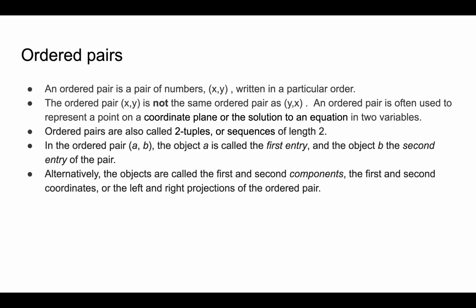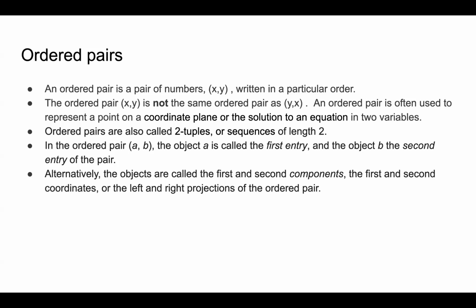Ordered pairs are also called two tuples. Two tuples means two members are there in that set, x and y. The pair itself tells us that there are two members only, x and y.